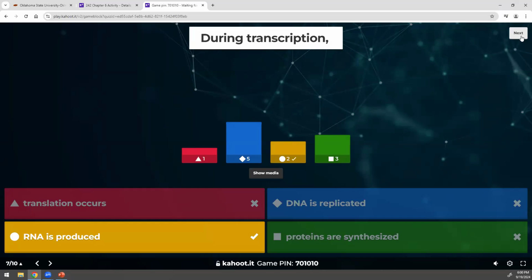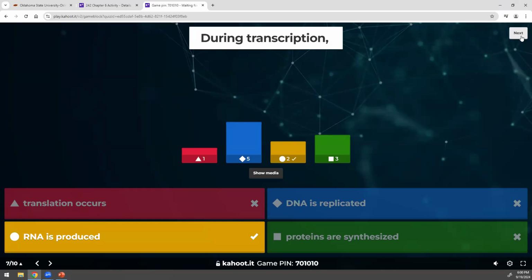Now down here, just to summarize, so you know what's happening with all of this during translation. The ribosome is going to bind first. Okay, that's 2. All right. Then what we can do is bring in tRNAs that have anticodons that are complementary to the codon on the mRNA.